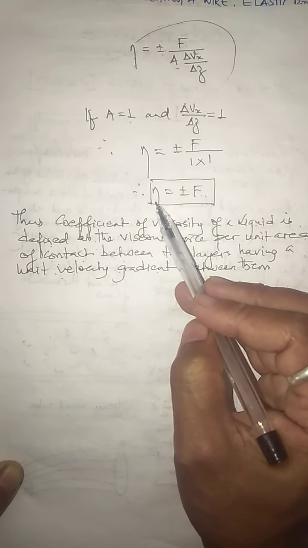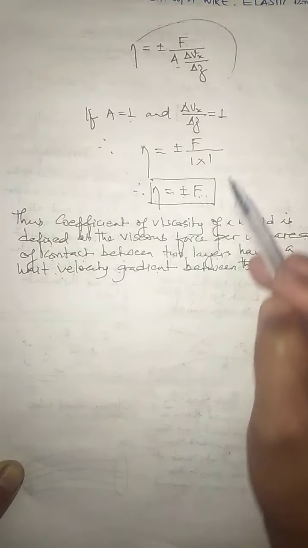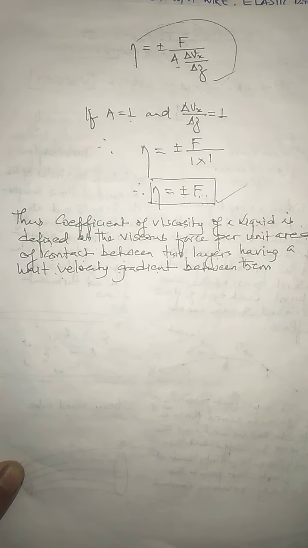That's why eta is numerically equal to plus minus F. This is how we define the coefficient of viscosity of a liquid.